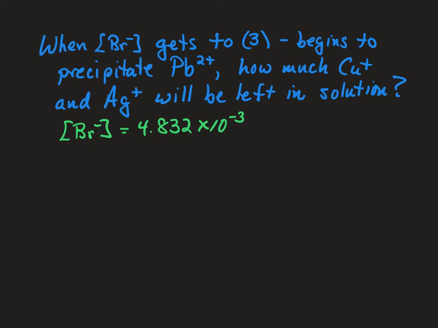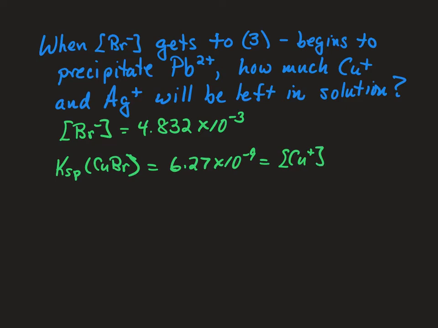So if we look at our KSP for copper bromide, 6.27 times 10 to the minus 9 is equal to the copper ion concentration that we don't know, times the bromide ion concentration that we said was 4.832 times 10 to the minus 3.